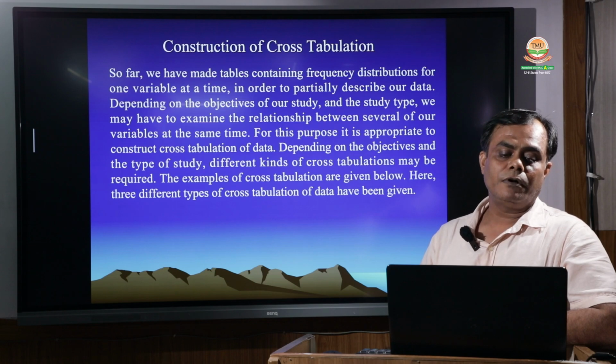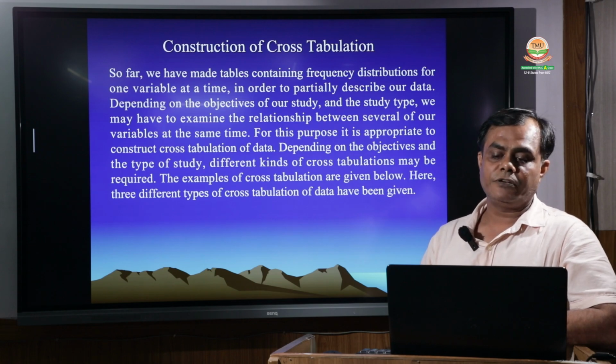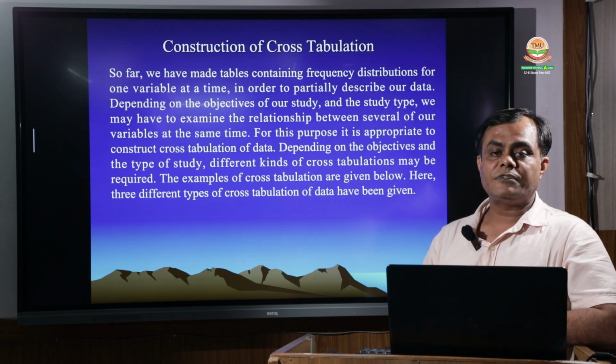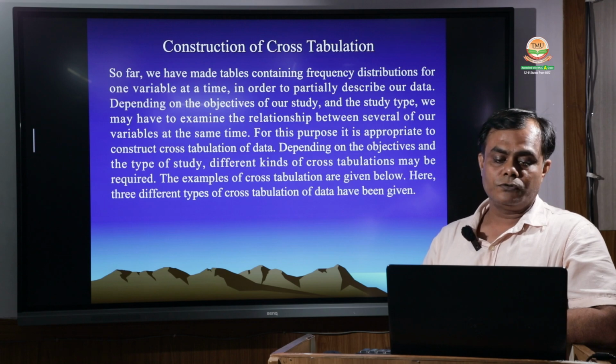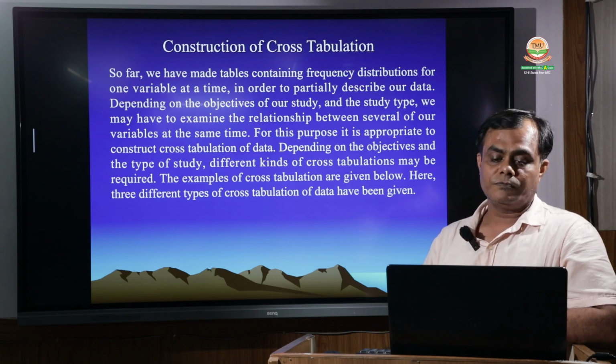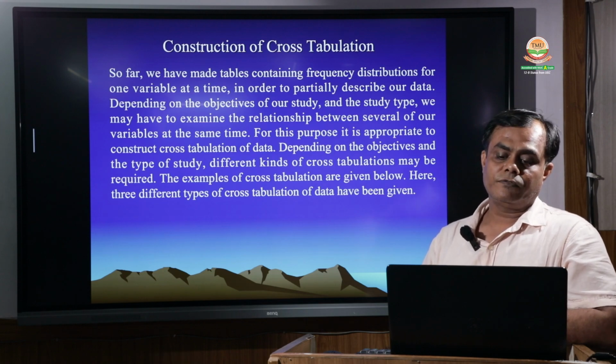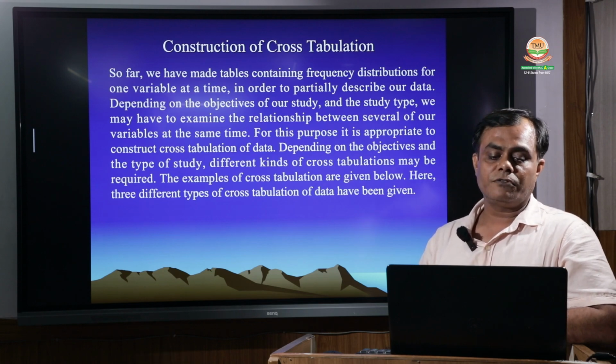We may have to examine the relations between several of our variables at the same time. For this purpose, it is appropriate to construct cross tabulations of the data. Depending on the objectives and the type of the study, different kinds of cross tabulation may be required.